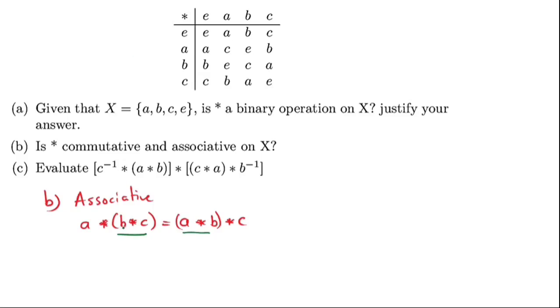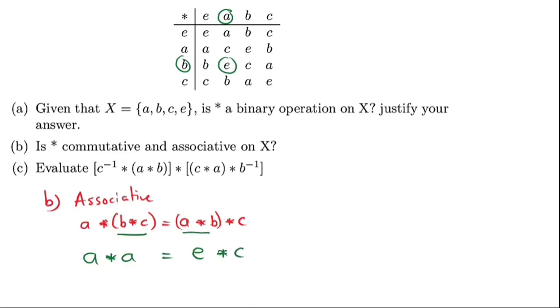So b star c on our table here, b and c, we get a. So now I have a star a. On the other side, I have a star b. What do I get? e. This is e star c.